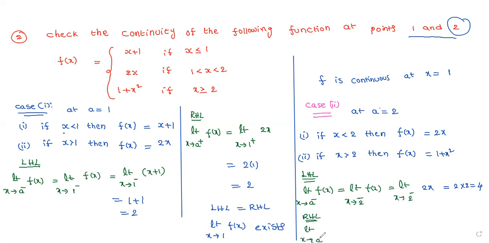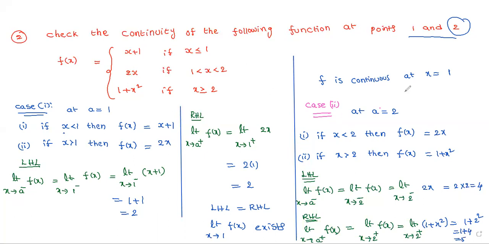Limit as x tends to 2 plus of f of x, value 1 plus x square. 1 plus 2 square, 1 plus 4, that is the value 5.